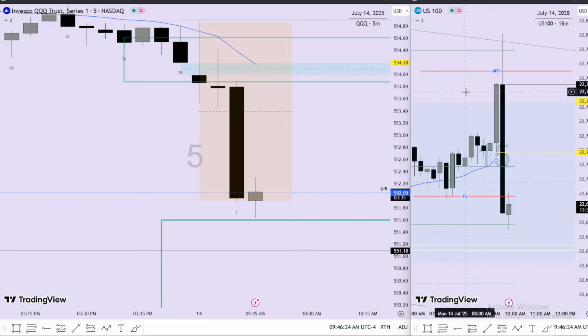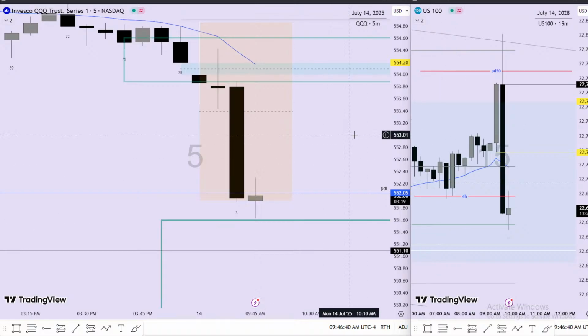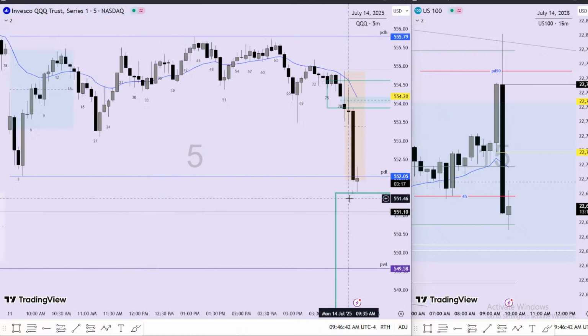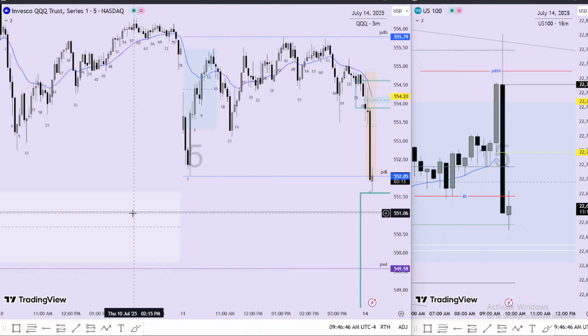We are retesting the previous day close. We have given a single close below the previous day close. That's not a good risk to reward.